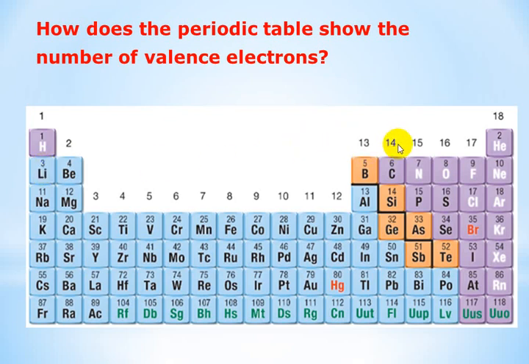In groups 13, 14, 15, 16, 17, 18, take the first number, the unit number. Here 3 electrons. This group has 4 valence electrons, 5 valence electrons, 6 valence electrons, 7 valence electrons, and 8 valence electrons except helium.